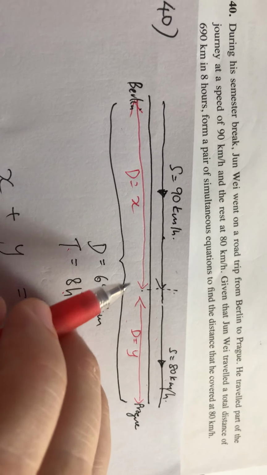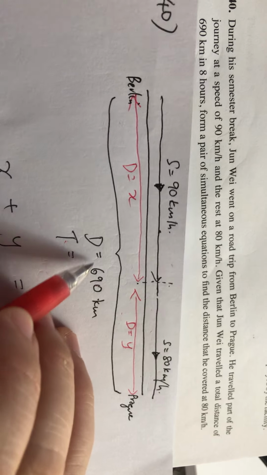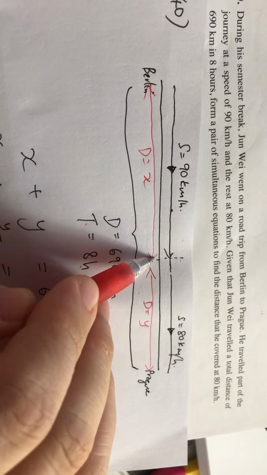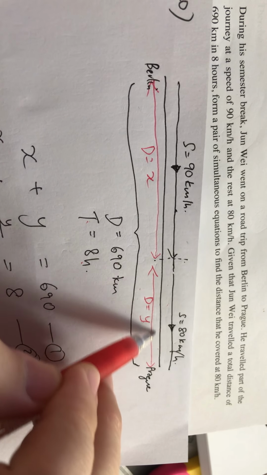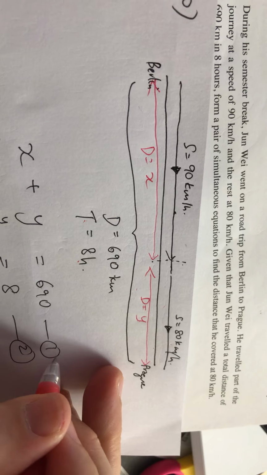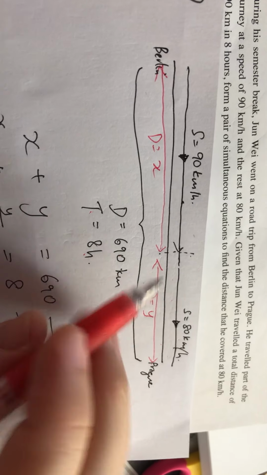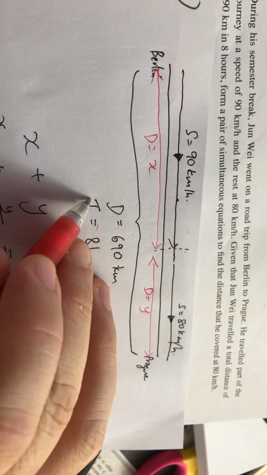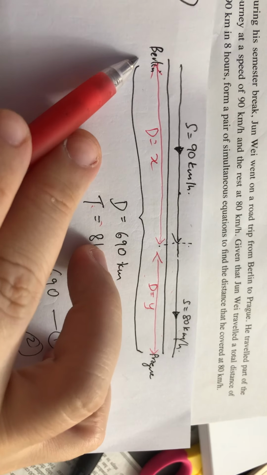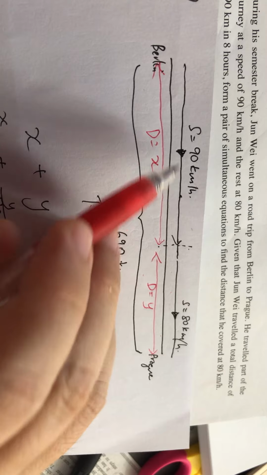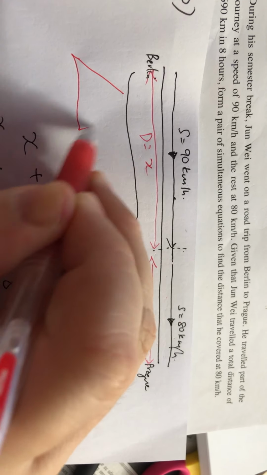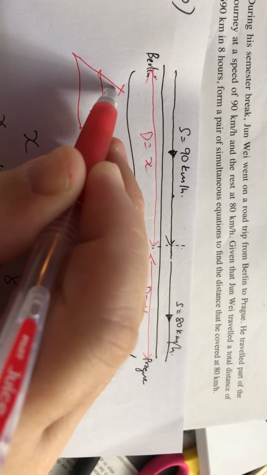Now, very simple. Total distance is 690, which means your x, which is the distance here, plus your y, which is the distance here, must add up to 690. So that will give you your first equation. Now they won't give you the total time for fun, so you have to make use of it to form another equation. Just recall what you learned last time, DST.